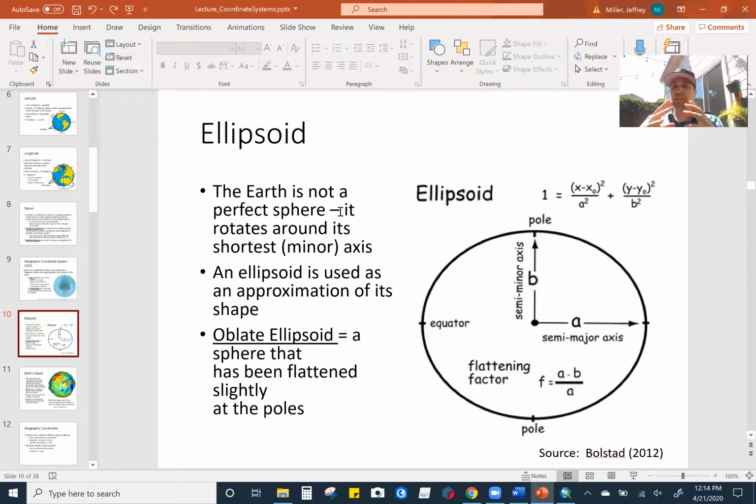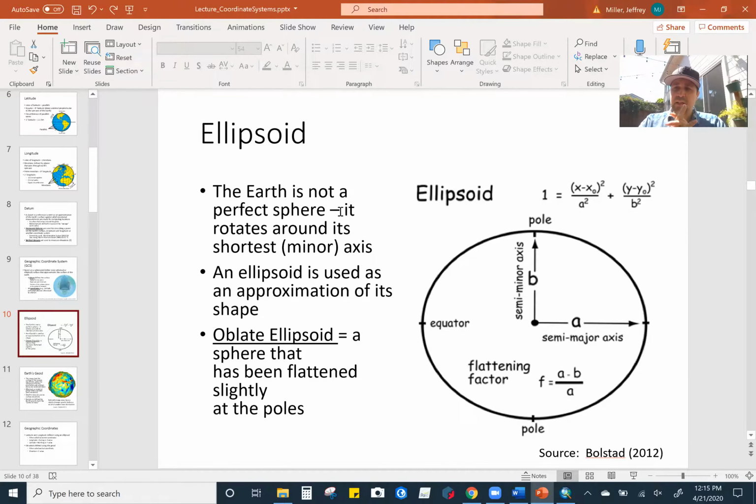And an ellipsoid is like a ball or a sphere that got kind of squished a little bit. With a ball, if we did two radiuses going in at a 90-degree angle, one going in one direction, one going in another direction, they would be the exact same length. With an ellipsoid, what we end up having is one of these two being shorter than the other, okay? And that's technically what's going on with the Earth itself.